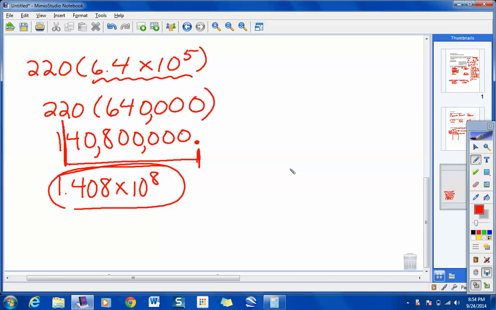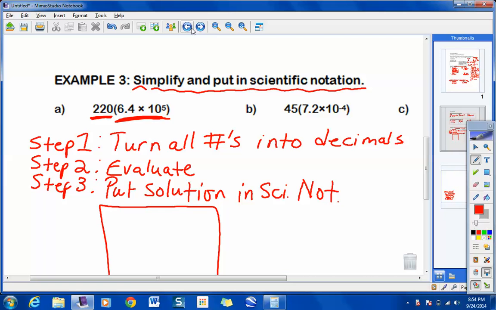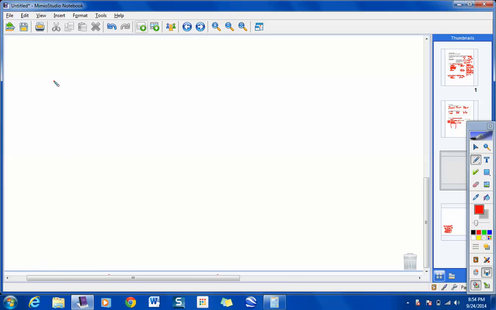All right, so let's try these last 2 here. I'm going to put the work up on another sheet like I did in this last one. Not going to talk through it very much. You just kind of follow along. All right. So here's my next one, letter B. Whoops.